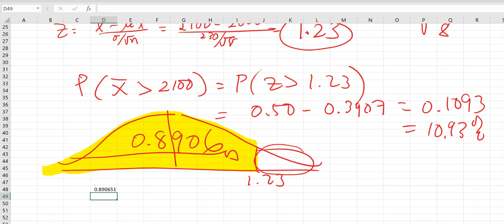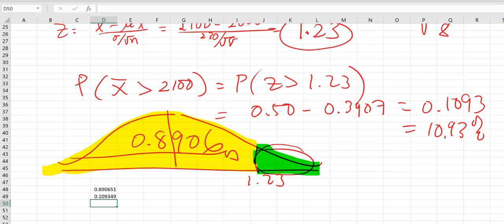All of that. But I'm looking for actually the green part. So it has to be equal to 1 minus that, and it's 10.93 as you see. That's the same.